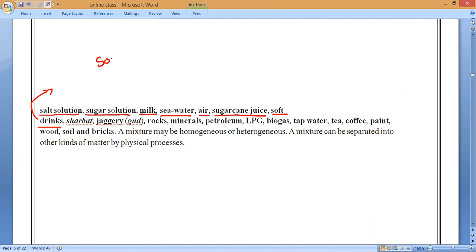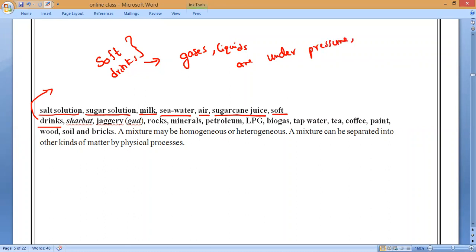Because it contains different kinds of gases as well as liquids under pressure. So when you open the cap, what will happen? All the gases will rush out. That is why it is called a mixture.